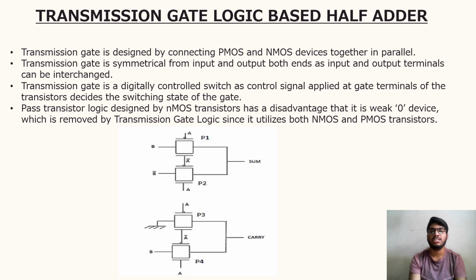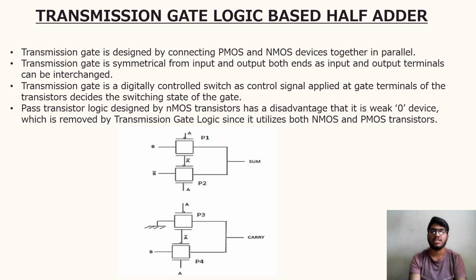Transmission gate is a digitally controlled switch, as the control signal applied at gate terminals of the transistor decides the switching state of the gate. Pass transistor logic designed by NMOS transistors has a disadvantage that it is a weak zero device, which is removed by transmission gate logic since it utilizes both NMOS and PMOS transistors.